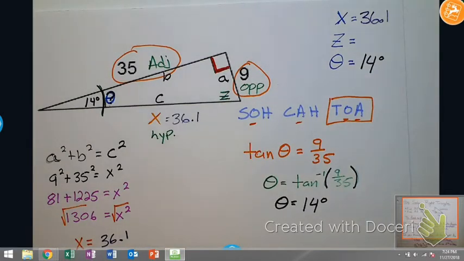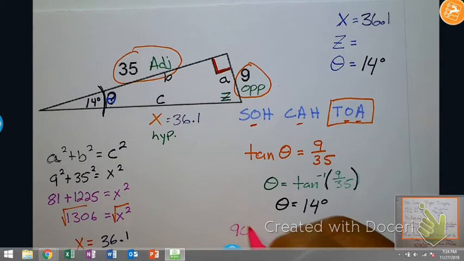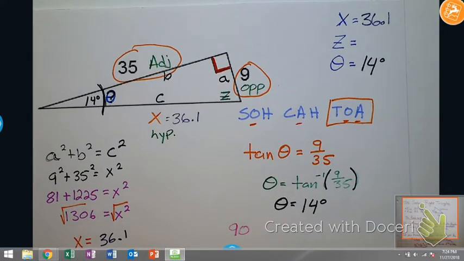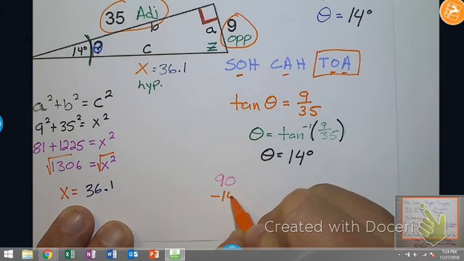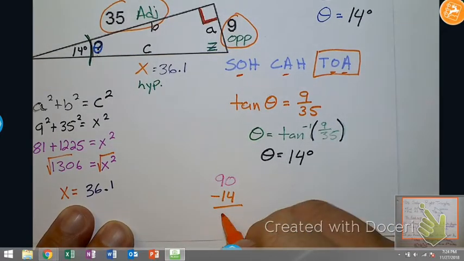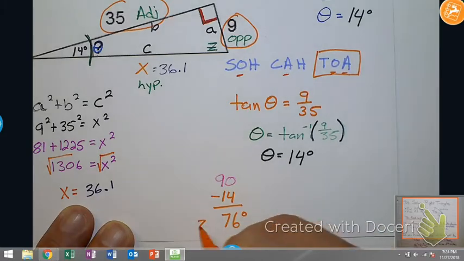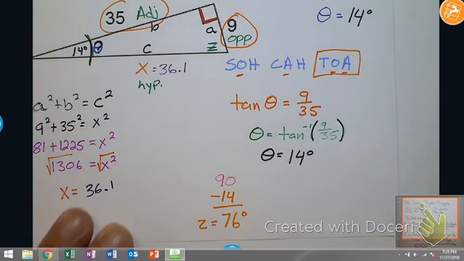Now that we've found one of the acute angles, it is really easy to find the third angle Z. 90 degrees minus 14, 76. Z equals 76 degrees.